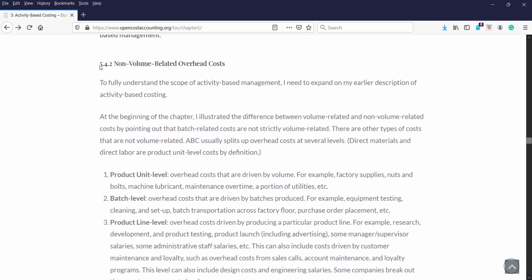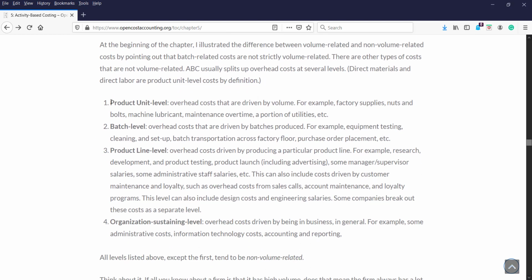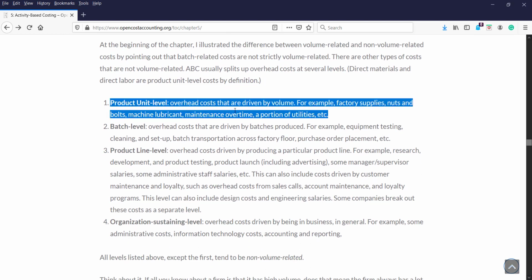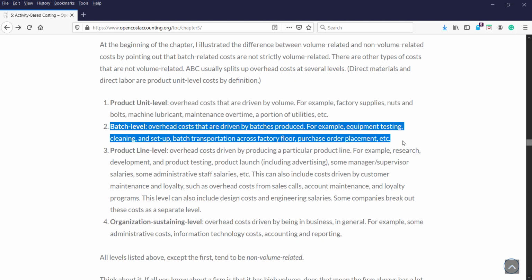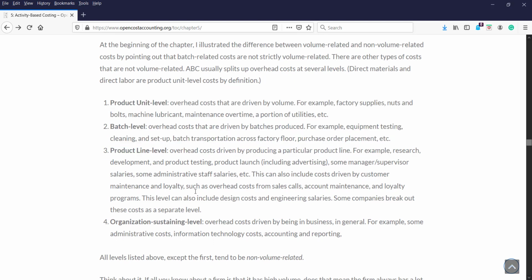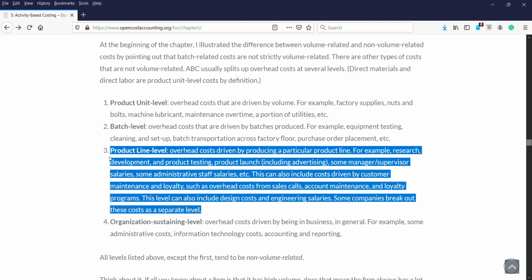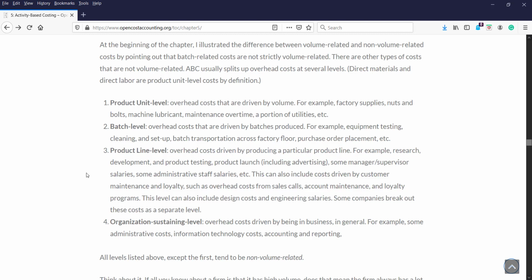Here I talk about, kind of extrapolate on, the example that I gave you already in this lecture. Obviously we have some volume-driven product unit level costs that are possible. We have batch level, that's the example that I used. We also have some product line level costs that you can potentially capture with an ABC system that you can't capture as easily or at all with most job order systems.